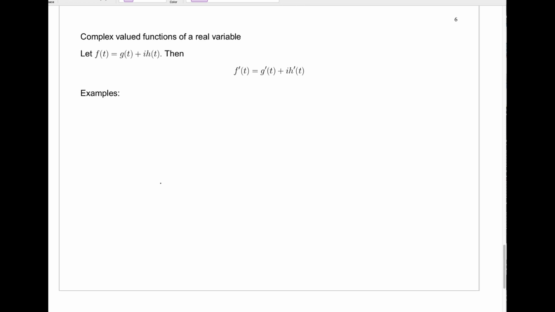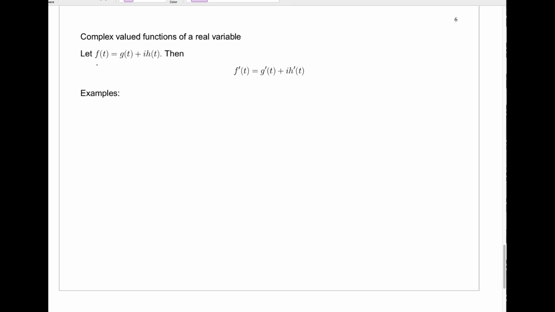In order to prep ourselves for that, I want to talk real quickly about the idea of complex valued functions of a real variable. So let's say we have a function f of t, which doesn't just output a real number, but outputs a complex number. Well, for any t, the output is a complex number, and we can write g of t to denote the real part of the complex number, and h of t to denote the imaginary part.